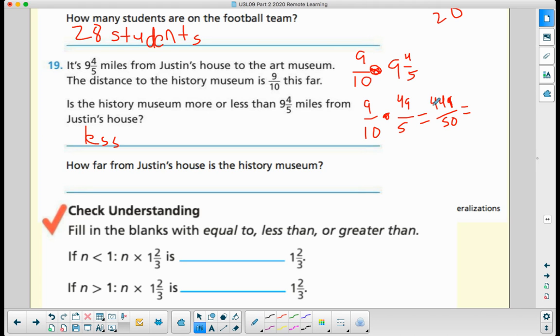So there would be 2 times 4, which is 8 50s in 400. And I would still have 41 50ths left. So, how far is it from Justin's house to the history museum? 8 and 41 50ths miles. I don't know how comfortable I am with that.